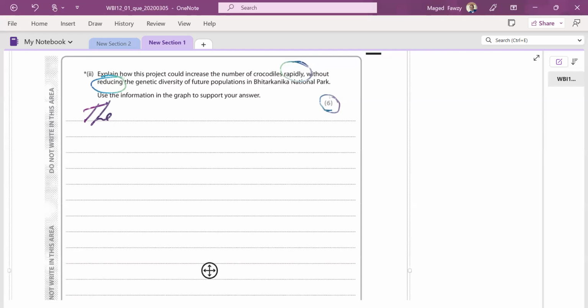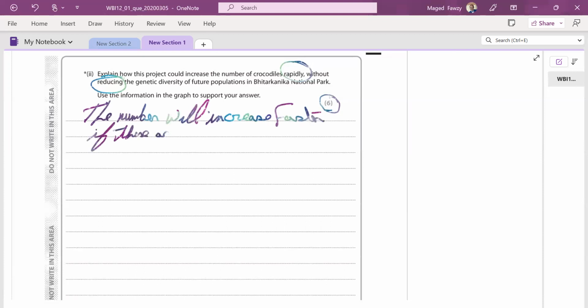So we will increase faster if there are more females hatching, more females to lay eggs.